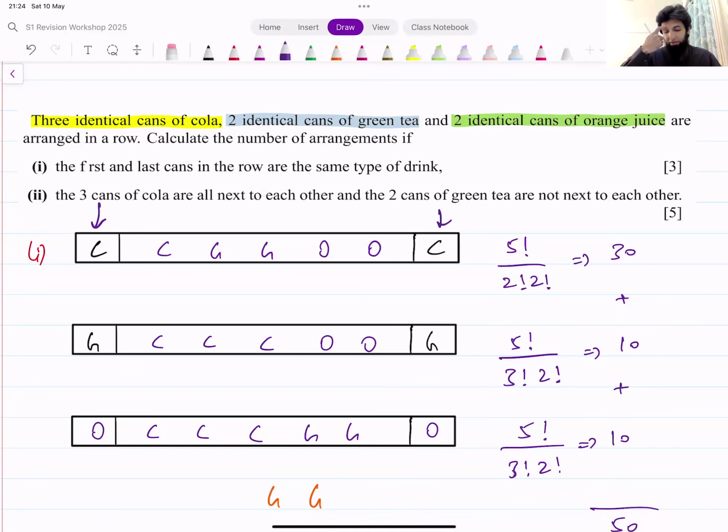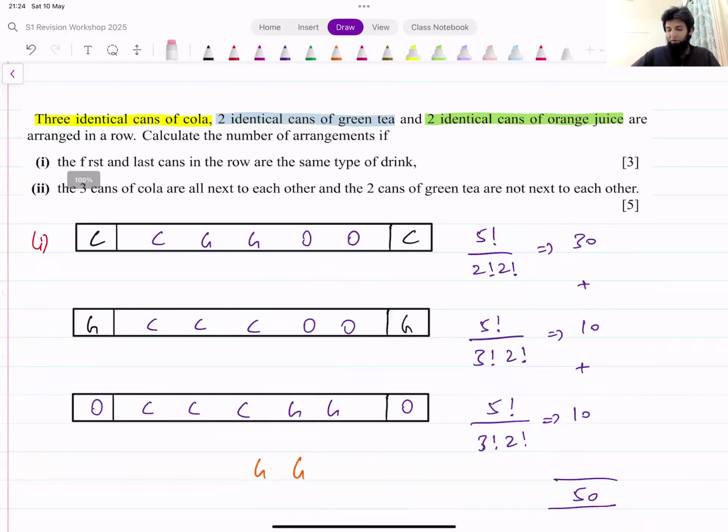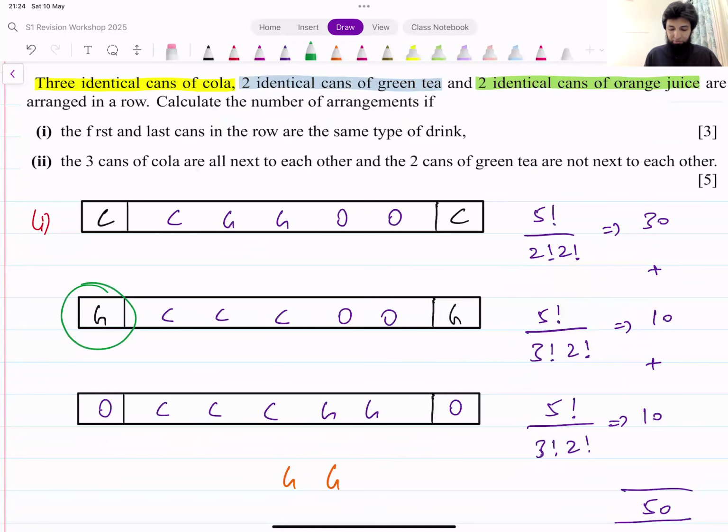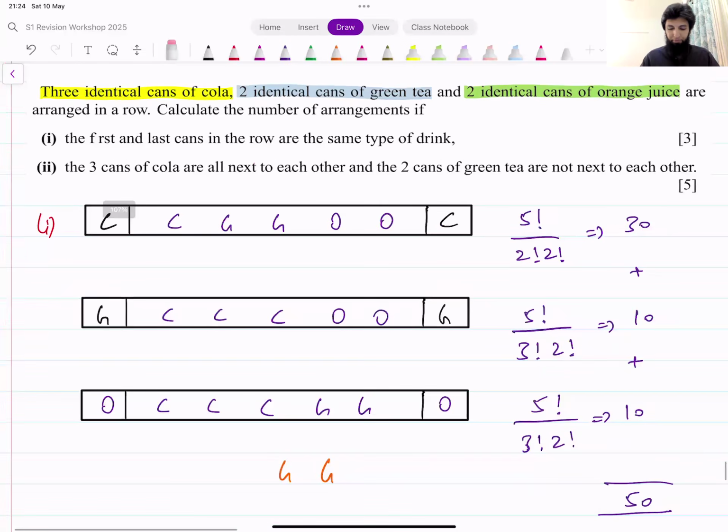At the end and in the beginning. We only have to arrange these middle objects. That's all that we have to arrange. In how many ways can we do that? 5 factorial over 2 factorial and 2 factorial for the first case, and similarly for the others. Add all of them up, you get the total result. So when they fix something like this, you don't have to arrange those fixed objects, only the rest of the objects. Okay.